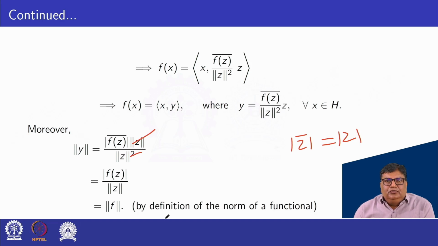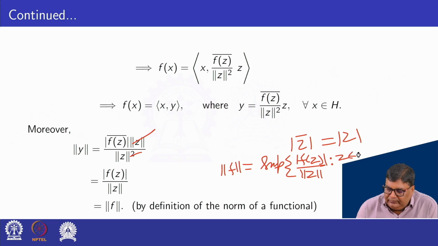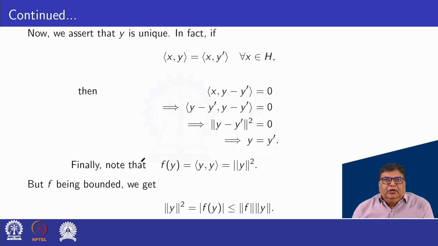As per the definition of the norm of a functional, this can be written as norm of f, because norm of f equals the supremum of mod f(z) upon norm of z, such that z belonging to H.